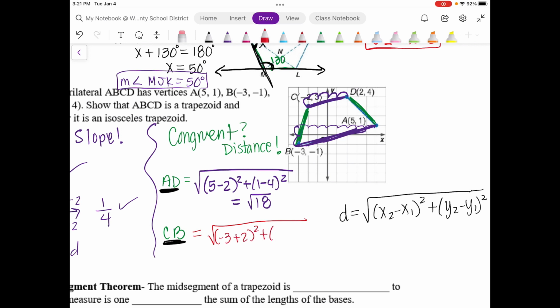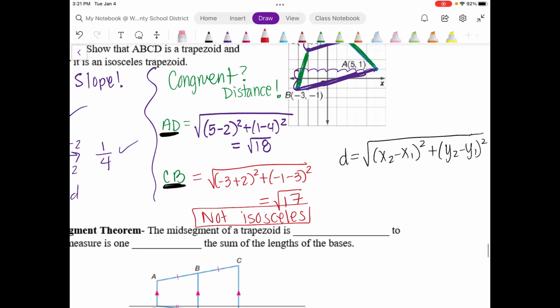There was a double negative there. And I end up with the square root of 17. So they're really close, but unfortunately they are not going to be congruent. Therefore, this is not going to be isosceles because they are not exactly the same. Okay? Awesome.